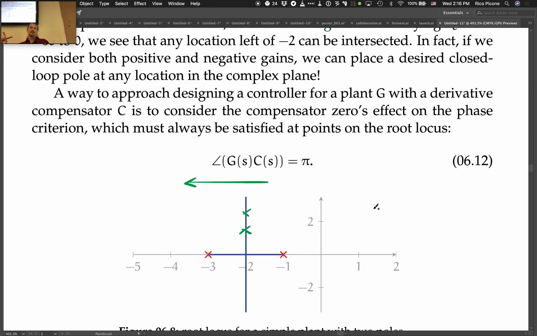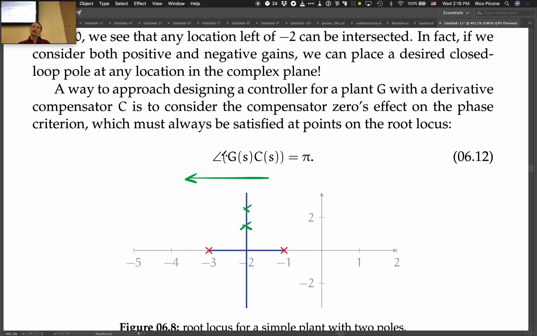So the phase criterion can be used here, and it must always be satisfied at points on the root locus. So we have that the phase of the open loop transfer function, which is G, and then we also include the compensator, C, equals pi. I took out the gains. The gains don't affect the angle, right? Gains don't affect the angle, so we don't need to worry about the gains. And we say it has to be equal to pi.